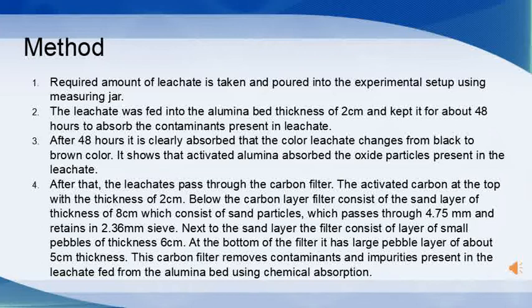Next to the sand layer, the filter consists of a layer of small pebbles of thickness 6 cm. At the bottom of the filter, there is a large pebble layer of about 5 cm thickness. This carbon filter removes contaminants and impurities present in the leachate fed from the alumina bed using chemical absorption.